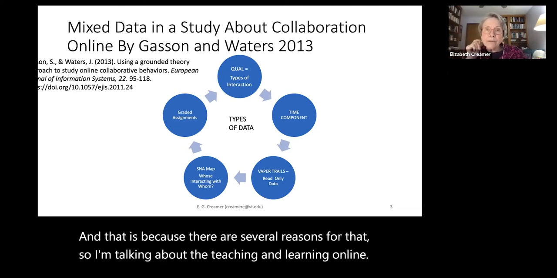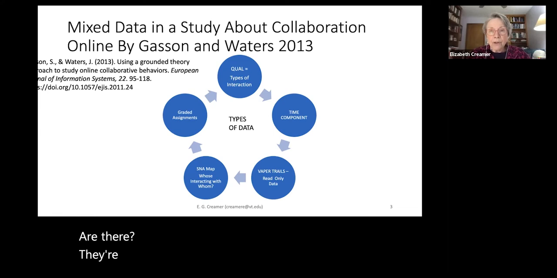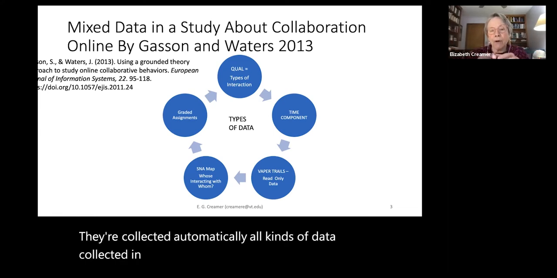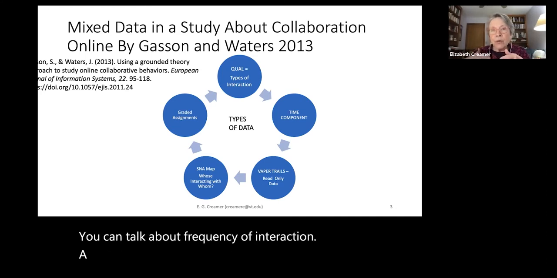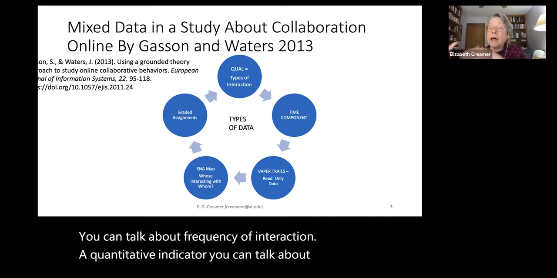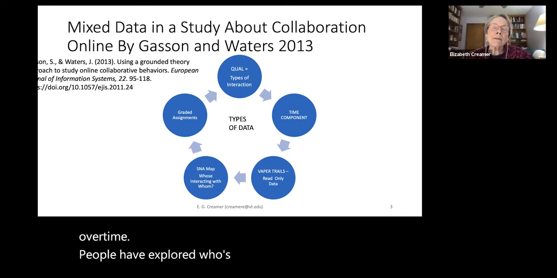The data are there. They're collected automatically. There are all kinds of data collected in the online environment. You can talk about frequency of interaction, a quantitative indicator. You can talk about interaction over time. People have explored who's interacting with whom.